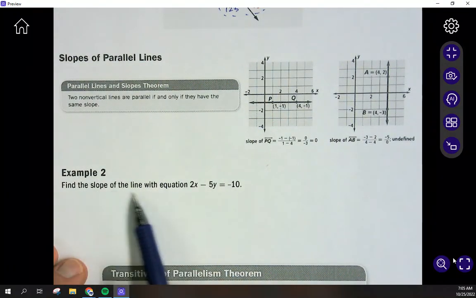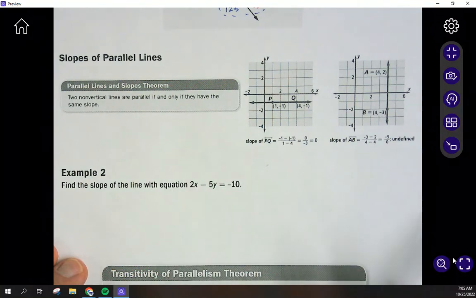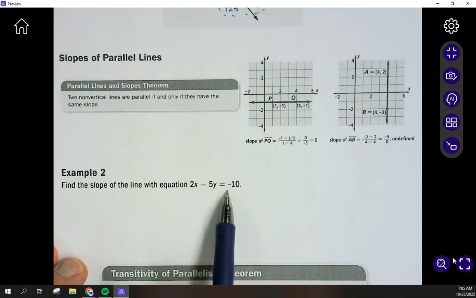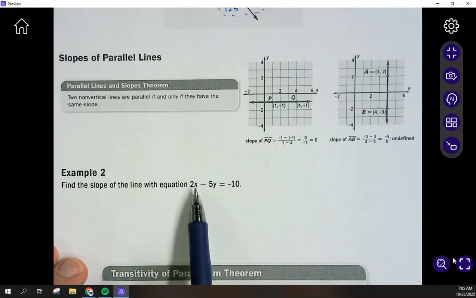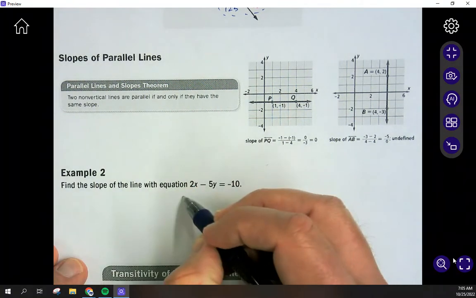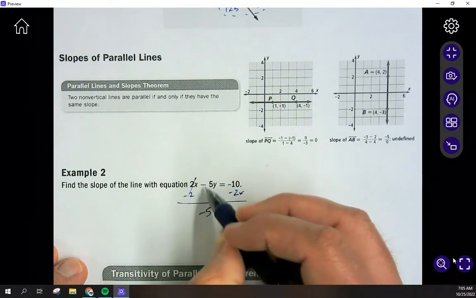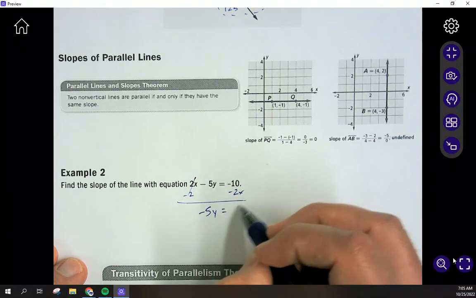All right, so example number 2, we're going to find the slope of this. You've done this before. Just a quick review of the algebra here. We want to get this into y equals mx plus b form if we want to have the slope. So we got to get the y by itself, minus your 2x. Make sure that minus comes down with the 5.